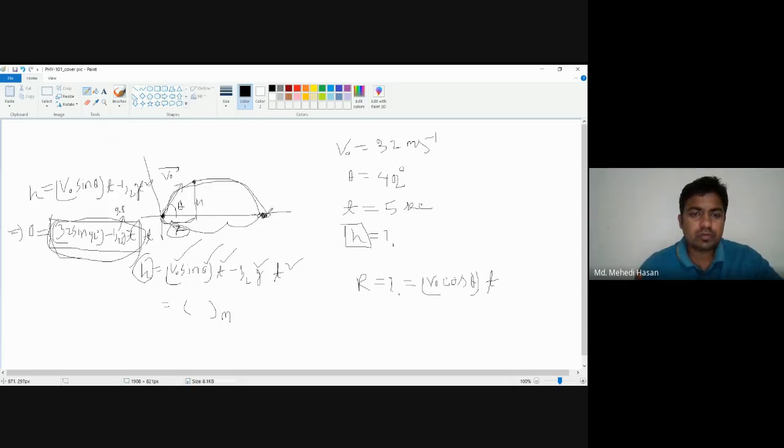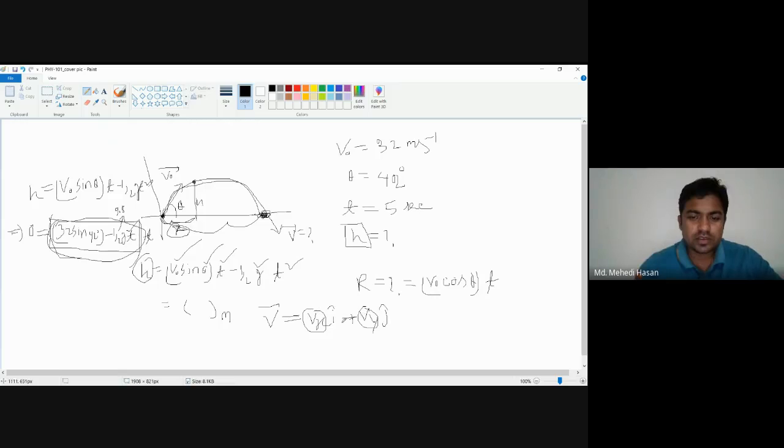If the question is to find the final velocity of the projectile when it hits the ground, you have to find the velocity in the form vx i plus vy j. You have to find the x component and the y component, not only the y component. Most students calculate the value of vy only.